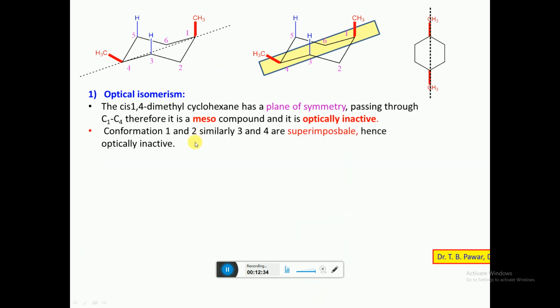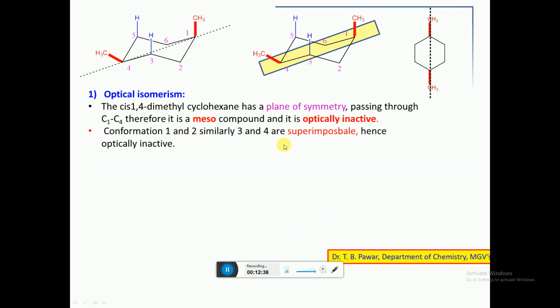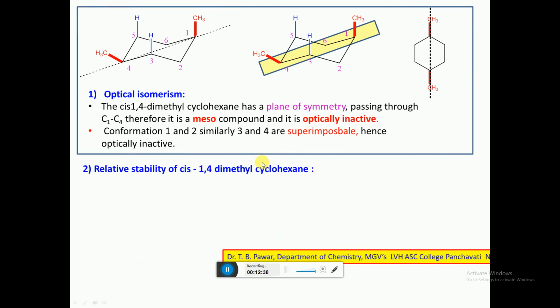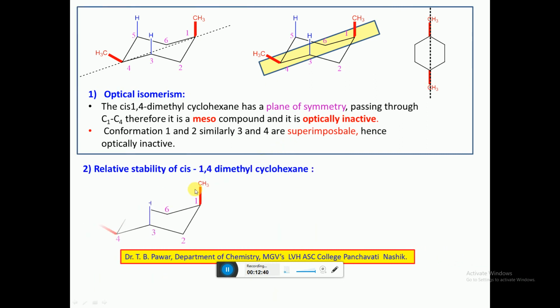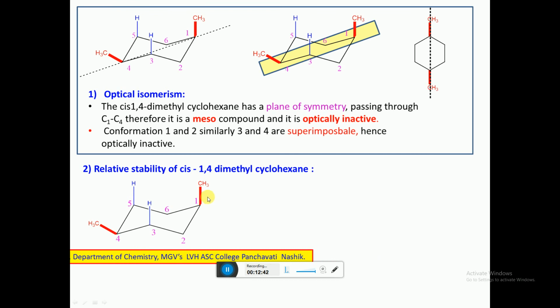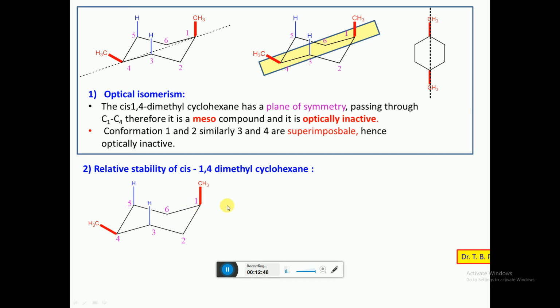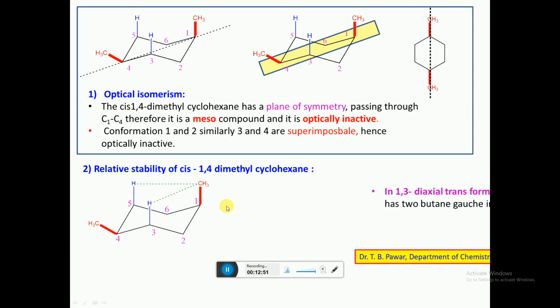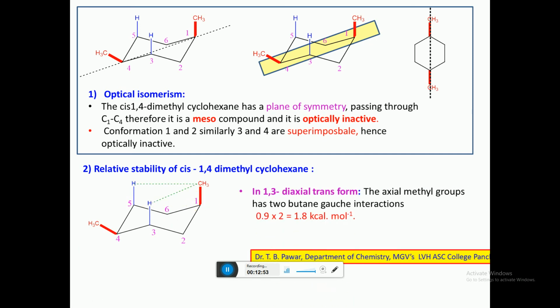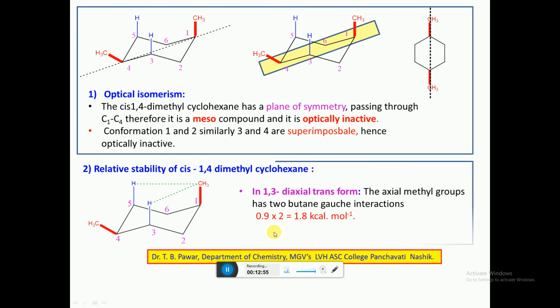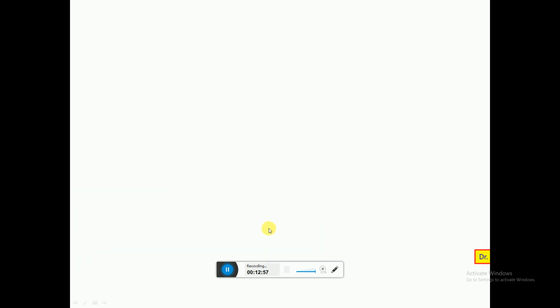Conformations 1, 2 and 3, 4 are superimposable, hence optically inactive. Now relative stability. Here one of the methyls is in an axial position, so it shows two 1,3-diaxial interactions, or two gauche interactions, each 0.9, multiplied by 2, so 1.8 kilocalorie per mole.